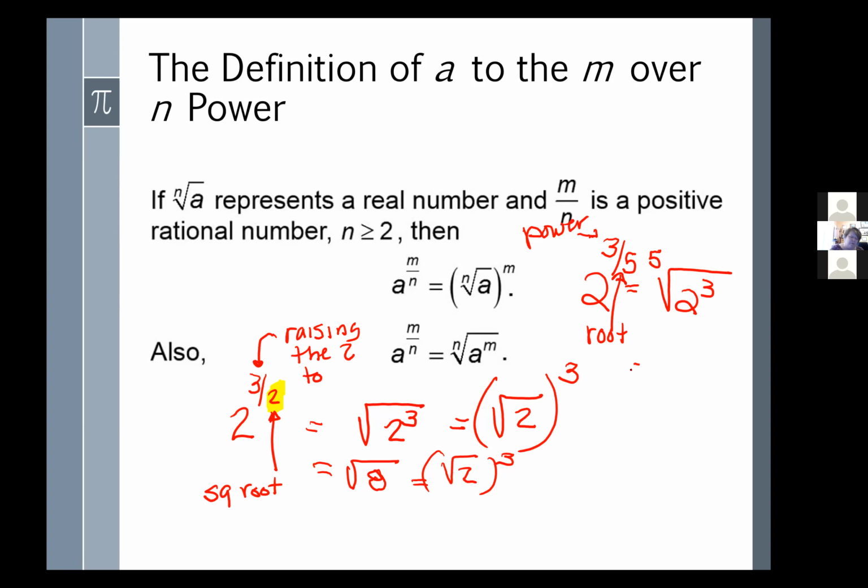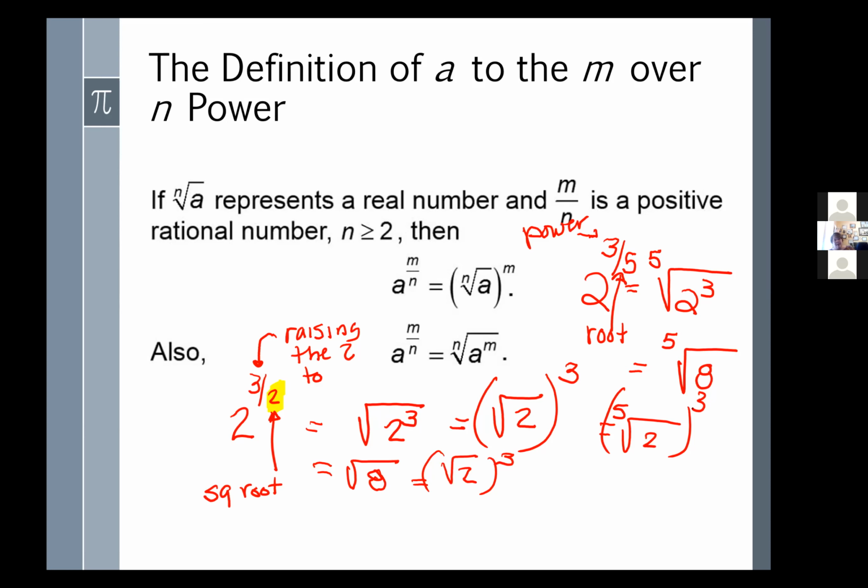So that's the 5th root of 8. And what's the 5th root of 8? Well, whatever number you multiply times itself 5 times to get 8. And I don't know what that is. That's some irrational number. Or you could write this as the 5th root of 2 cubed. It means the same thing. And remember, what's an irrational number?